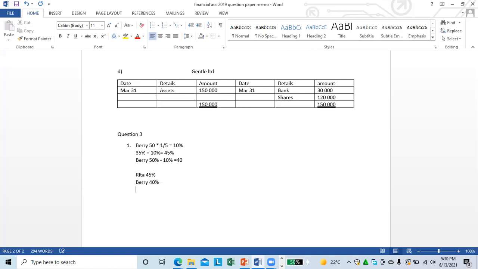Tony's is unchanged. There was no effect on Tony's interest, so Tony remains at 15%. If we add up all these percentages, will they still give us 100%? Yes. So that was your question one. Your new interest will be Rita at 45, Barry 40, and Tony 15%. Are there any questions?